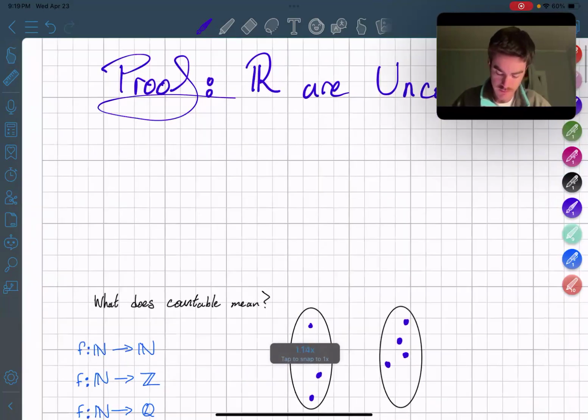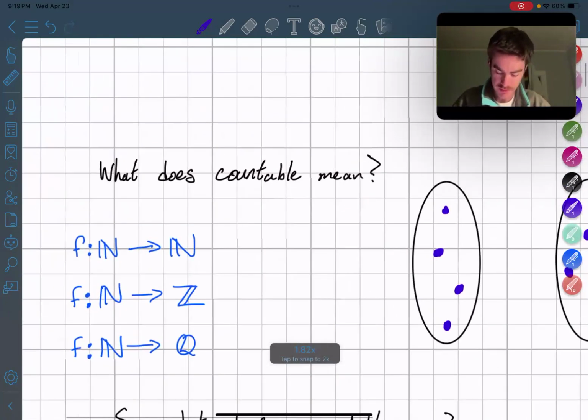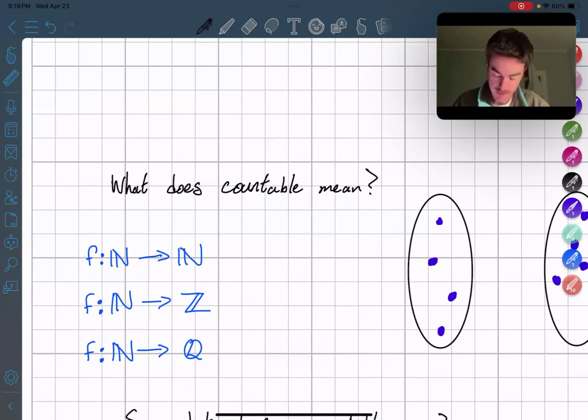All right, so what does countable mean? Countability means that we can make what's called a bijection, which is a function that goes from one domain to the codomain, and it is going to be one-to-one and onto.